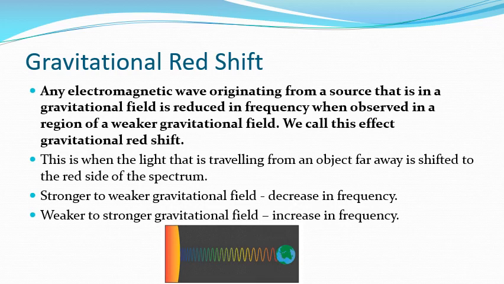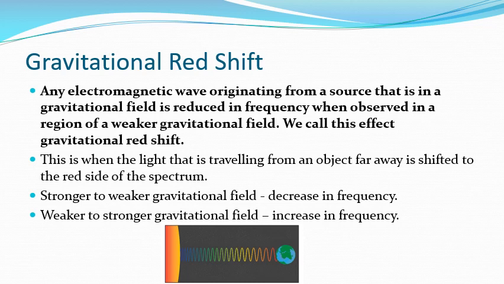So, gravitational redshift: a wave coming from a source that's in a gravitational field is reduced in frequency when observed in a region of weaker gravitational field. So if it goes from stronger to weaker, we get a decrease in frequency, which will be a redshift. If it's going weaker to stronger, then we would get an increase in frequency. That's what's shown in the diagram here.